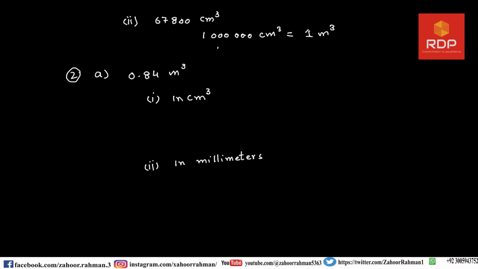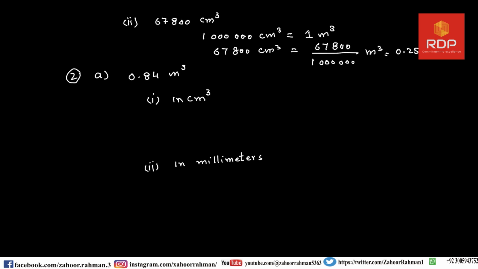And if we are finding 67,800 centimeter cube, then we have to divide 67,800 by 1 million, and that will be in meter cube. And if we calculate it, we will get 0.0678 meter cube. So that is the whole story of this part.